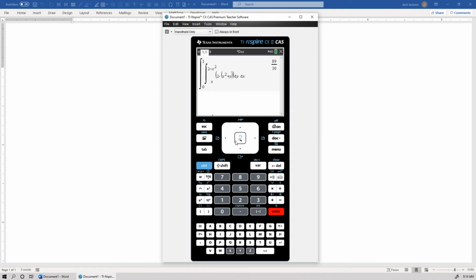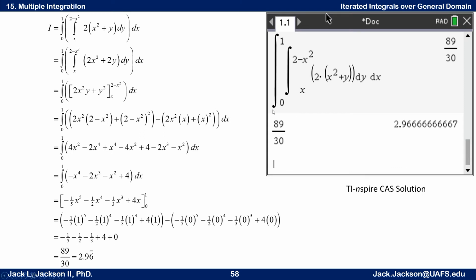And then I can take our answer here and approximate it in a decimal form like that. And so that's how I got that particular screenshot. And so there, you see it does agree with the work that we did by hand. Okay.